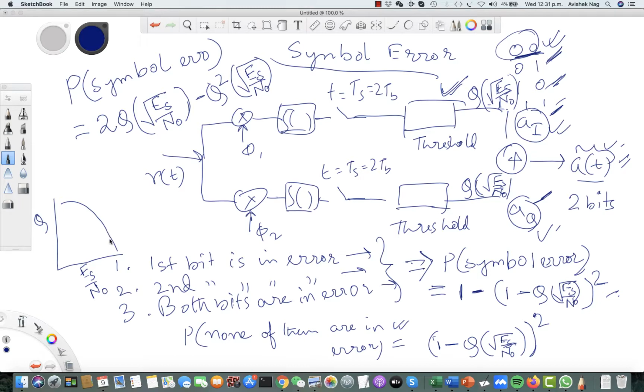So for relatively high Es by N0, or let's say relatively high signal to noise ratio, your Q square term is much less than the Q term. Okay, so you can ignore this part, and this can be approximately written as just twice Q of Es by N0.